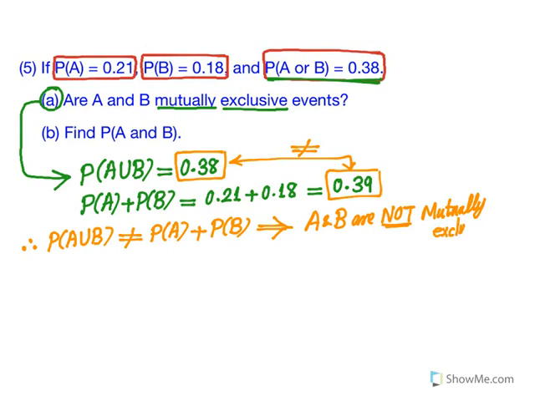Because if they were mutually exclusive, then the probability of A or B would be the same as probability of A plus probability of B.